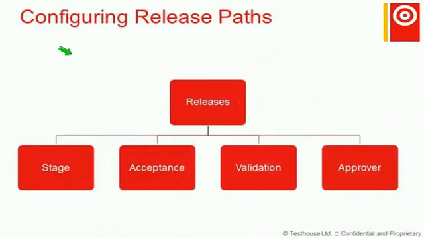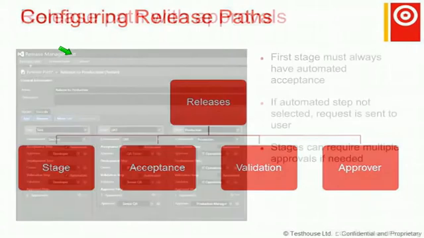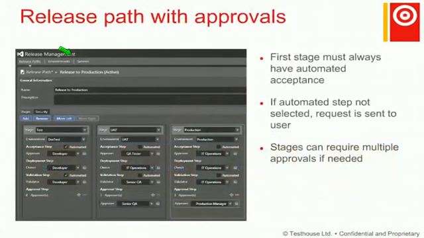So you need to configure the release path once all that's configured and set up. And you link the stages, the acceptance criteria, the validations and approvers. And here you can see there's one set up. So here, the first stage and test always have an automated acceptance. That means the first release gets deployed in your systest or dev test platform automatically and sends an alert out to say it's ready to be tested if you've requested for validation.